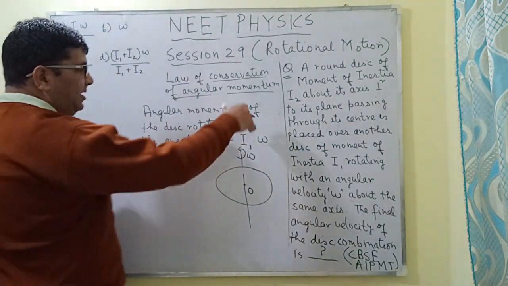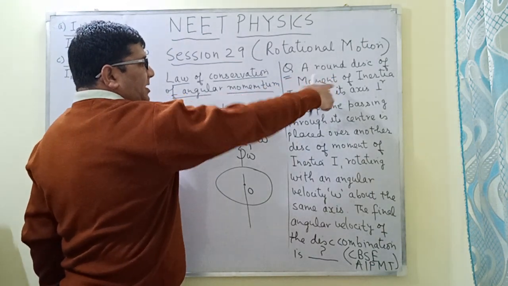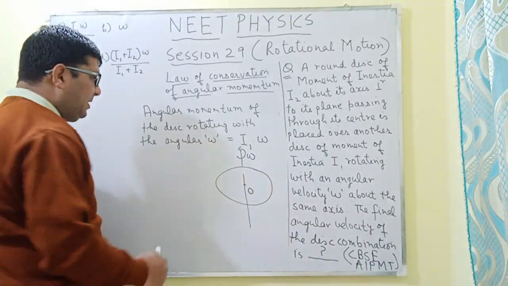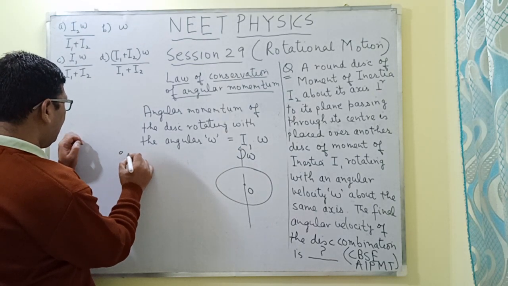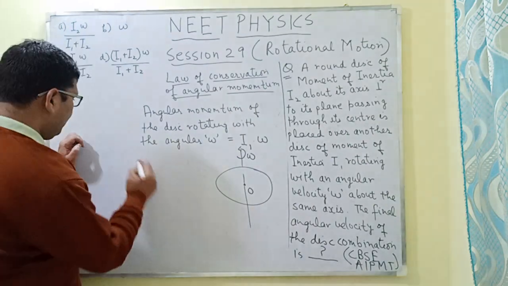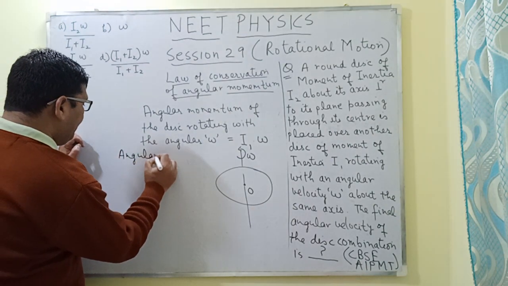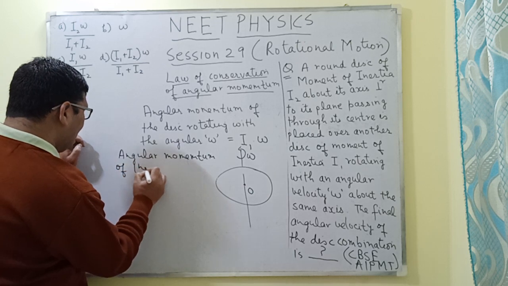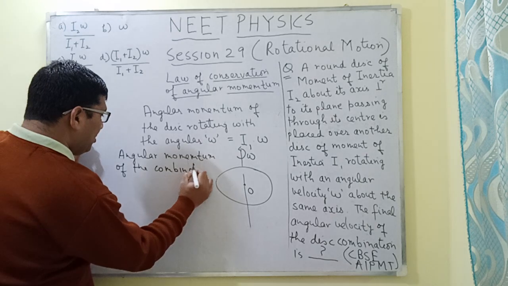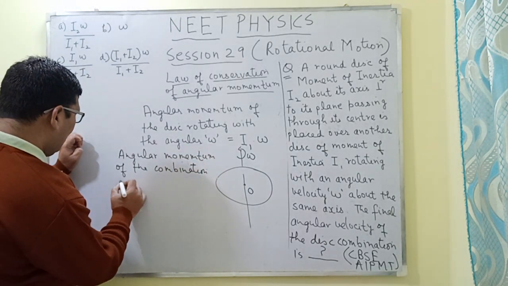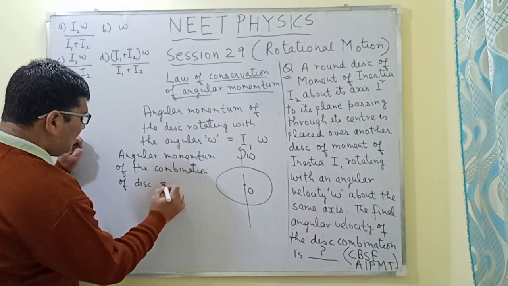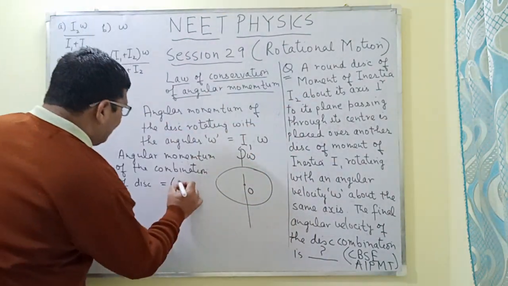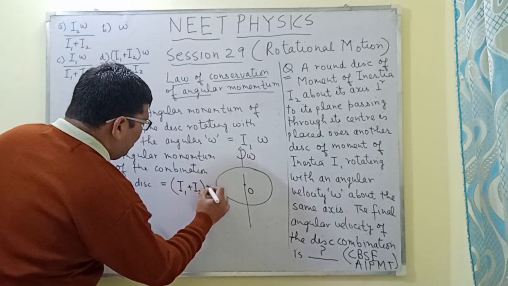Now when this disk, which has a moment of inertia I2, is placed over this disk which is rotating with an angular velocity omega, the angular momentum of the combination of disks will be equal to the sum of the moments of inertia of these two disks, that is I1 plus I2, into, let us say, omega dash.